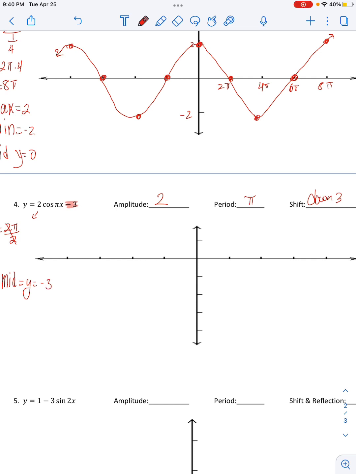So this C value is telling us our midline is now y equals -3. Our maximum is a little different. If our midline is -3, our maximum is 2 above -3, which is going to be -1.